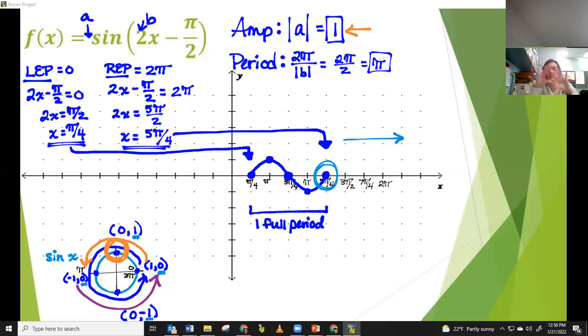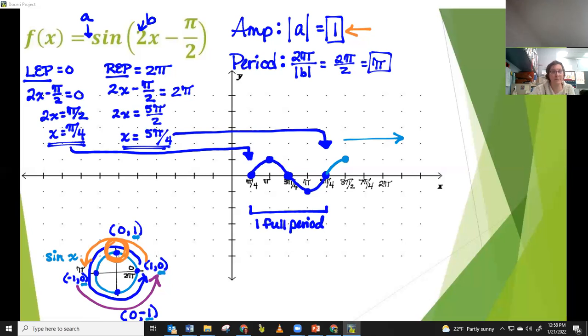Where should I put my next point? Give me the whole XY pair. I want to make sure that I plot this in the right spot. Where should this next point go? Three pi over 2 and 1. Yes. So we're going to come up here.